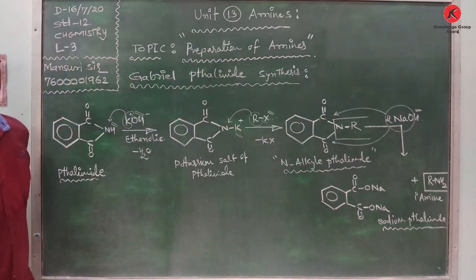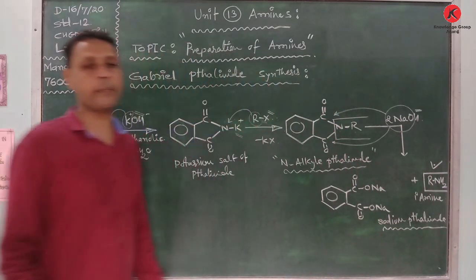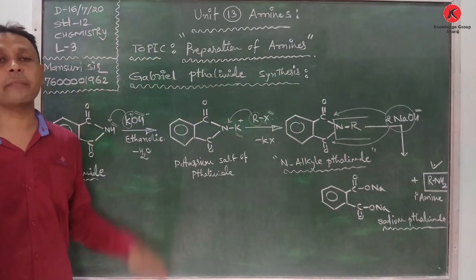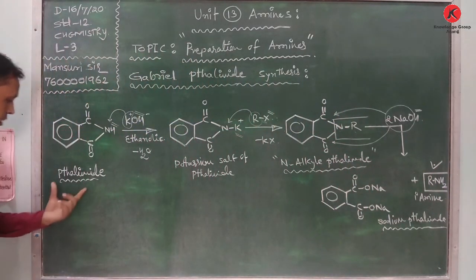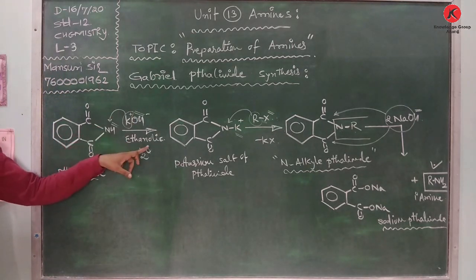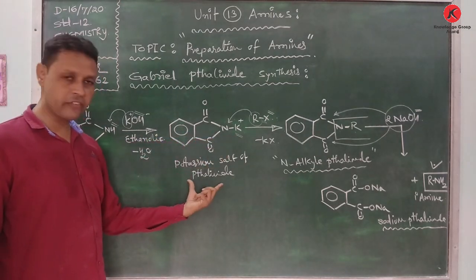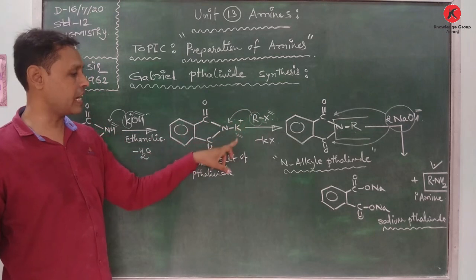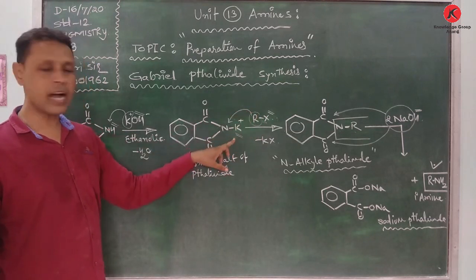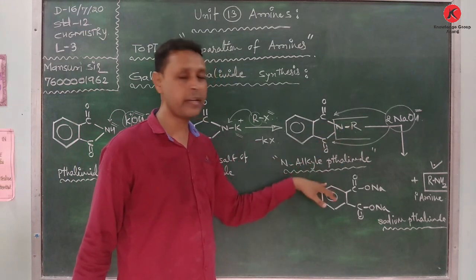Okay, so we can say that by this reaction we can obtain 1 degree amine, and this is aliphatic primary amine. Now what we see: phthalimide, when it reacts with ethanolic KOH, forms the potassium salt of phthalimide, and thereafter reaction with alkyl halide gives N-alkyl phthalimide.